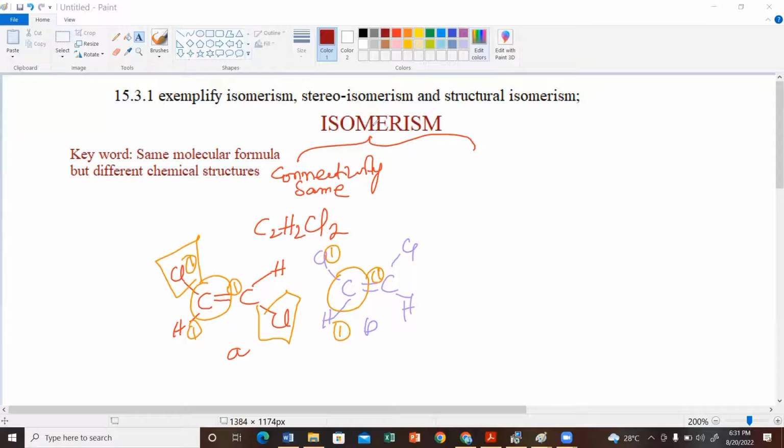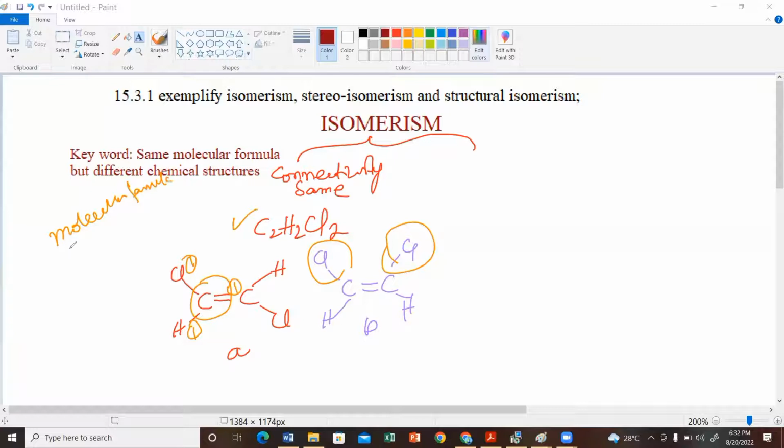But when we look towards another skeleton in which we have two chlorines, the position of chlorines in this is on the same side. So both structures have the same molecular formula and the same connectivity. The central carbon is directly connected to hydrogen, chlorine and carbon. Similarly, this carbon is connected to hydrogen, chlorine and carbon. In this skeleton, same connectivity is there.